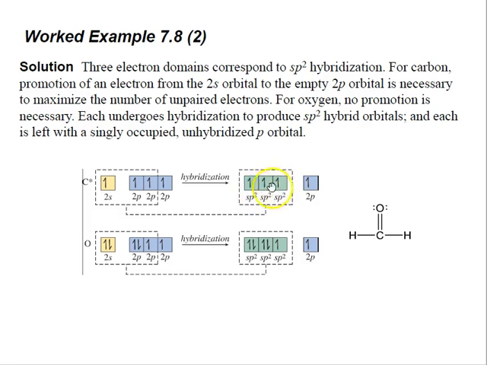Those are the ones that end up in our hybrid orbitals. This one that's outside stays outside. This one that's outside stays outside. Within the hybrid area, you got 1, 2, 3, 4, 5. So looking back at the explanation, you can kind of see what it's mentioning with the single occupied and unhybridized p orbitals.